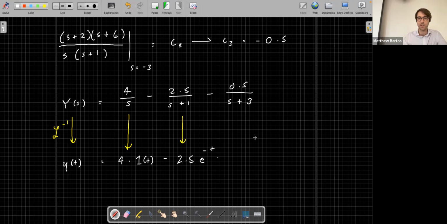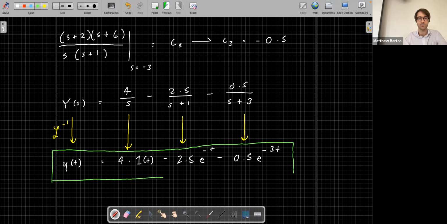And then here, following the same pattern, we will get minus 0.5 e to the negative 3t. Okay, and that's how you can perform partial fraction expansion to solve the inverse Laplace transform. And that is our response in the time domain for our function in the frequency domain.